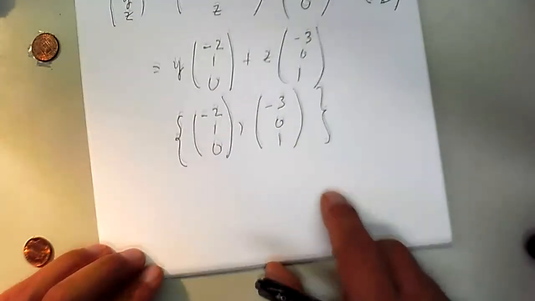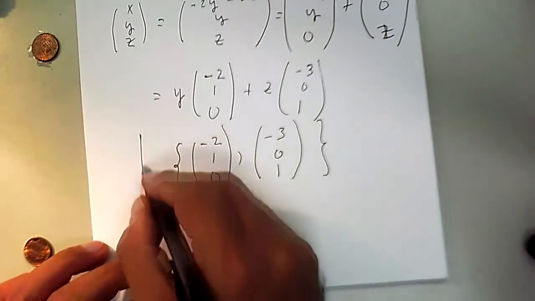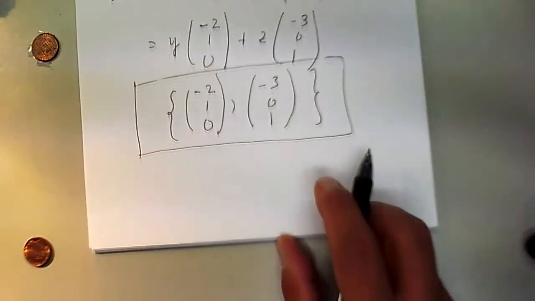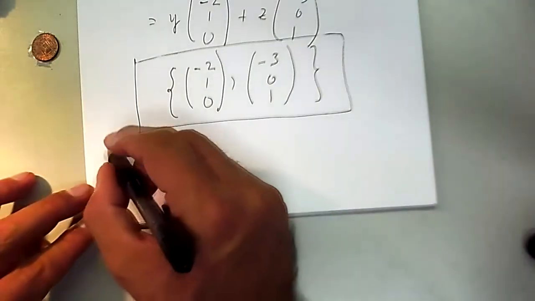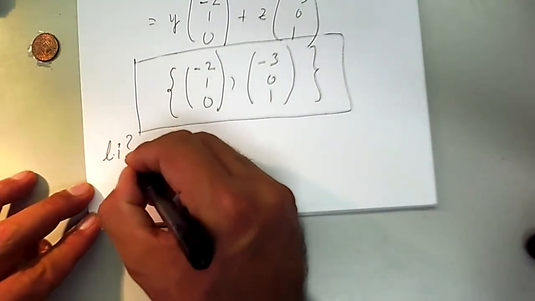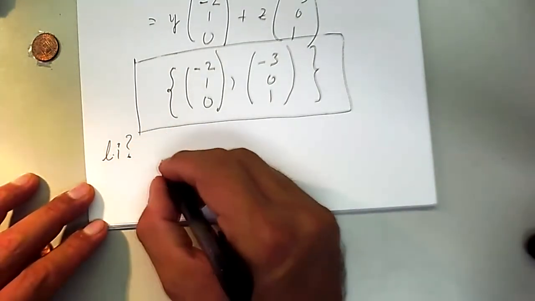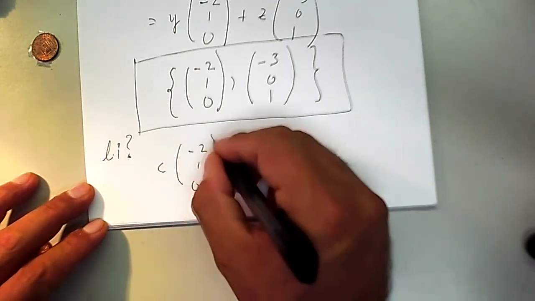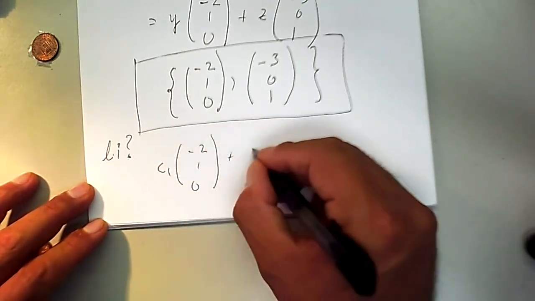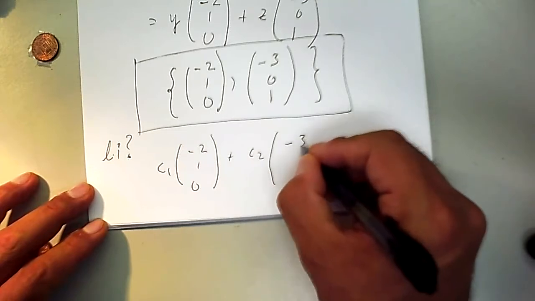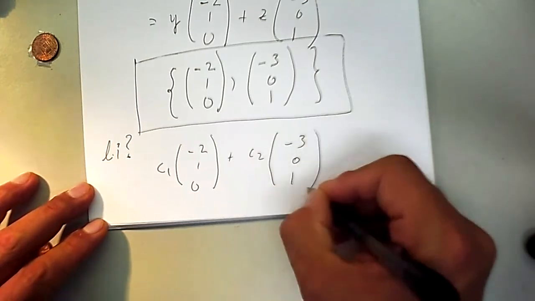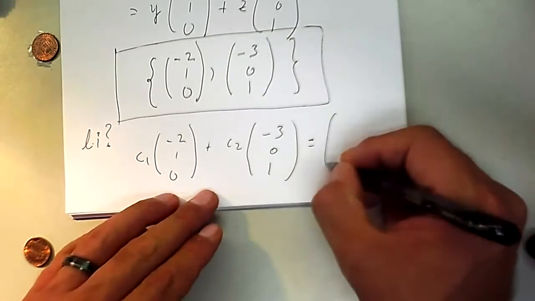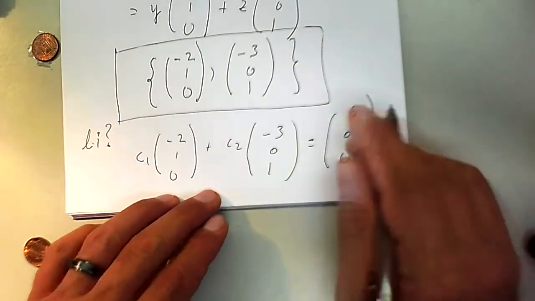Let's write it down. First of all, we finished the problem. There is the answer. Are they linearly independent? Well, let's have a linear combination: C1 times negative 2, 1, 0, plus C2 times negative 3, 0, 1, equaling 0, 0, 0.